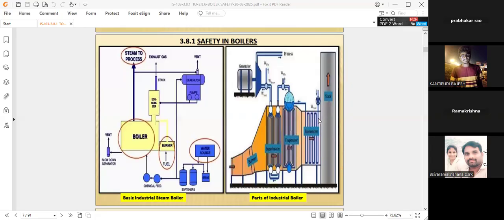Therefore, all the flue gas dust will be trapped there. The ESP dust is mixed with the coal and burned again. If the unburned carbon is more in the ash, it will be taken care of. Otherwise, the ash will be used for brick manufacturing also, and for filling low areas. The filling is also important.